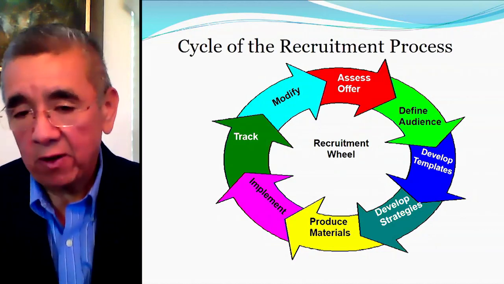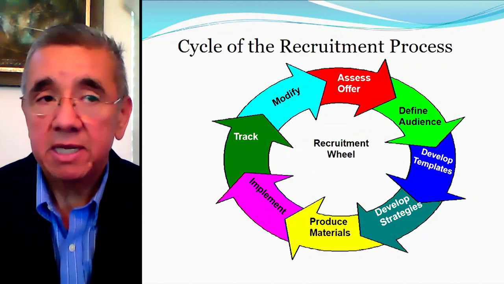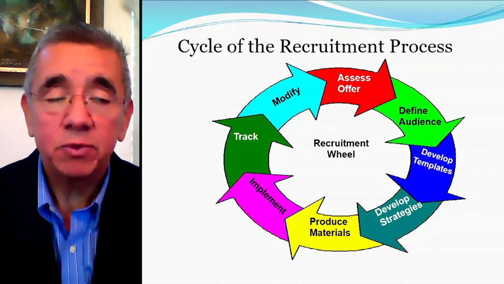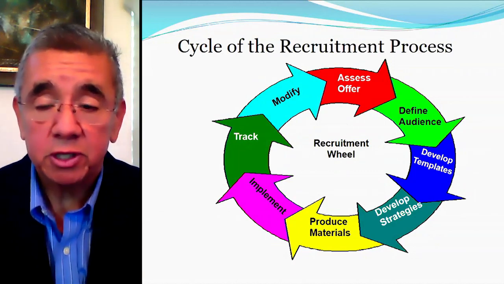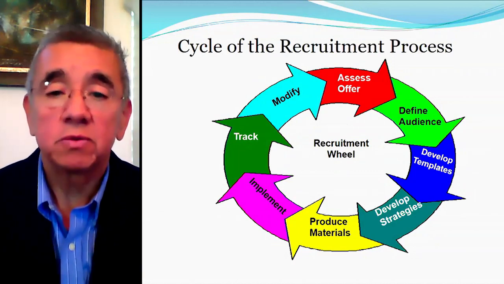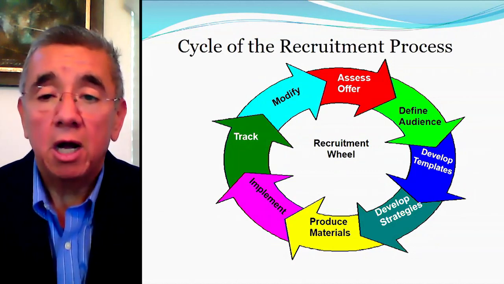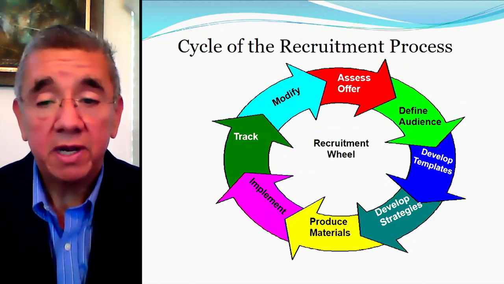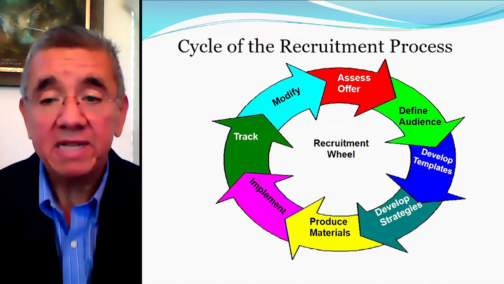We assess the offer when an institute comes to our office looking for help to recruit their population. So we assess the offer, we say, yes, we can help you, and we define what they are looking for, define the audience. We develop templates for them.